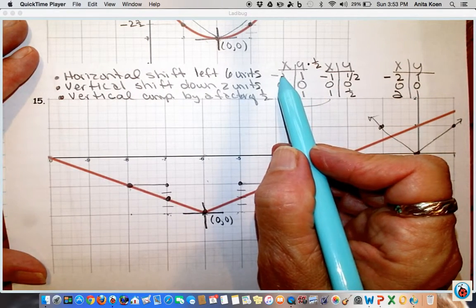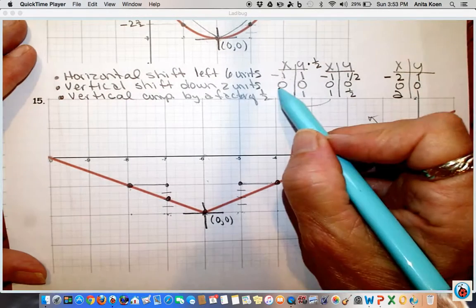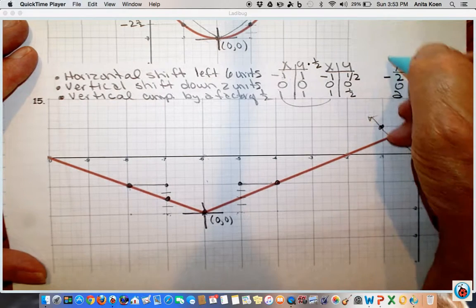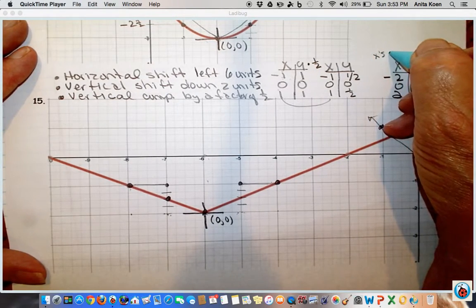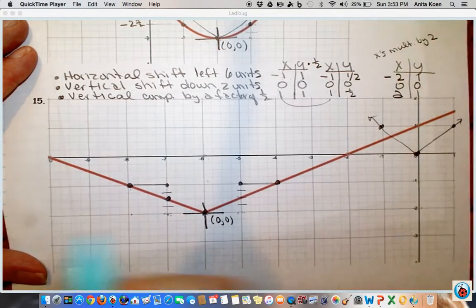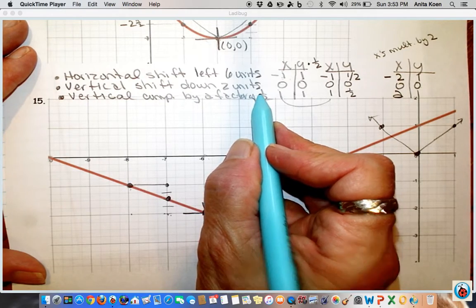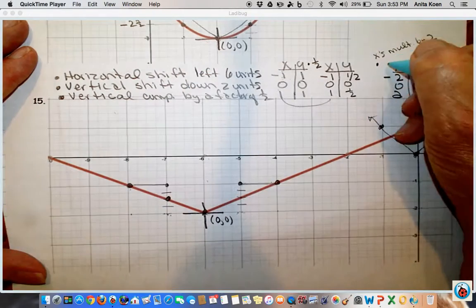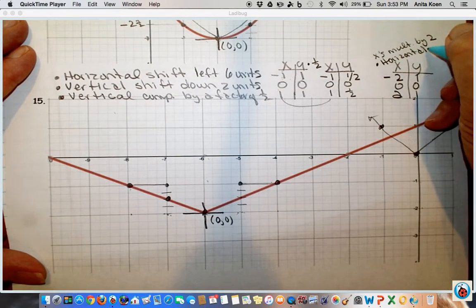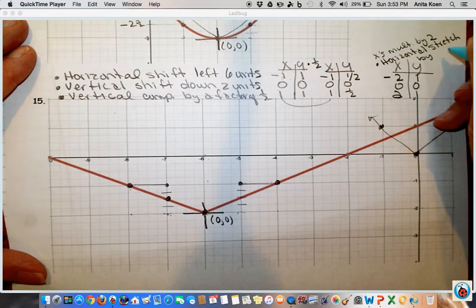So this time I can see that my y values have stayed the same and my x values have been multiplied by 2. So I could have, instead of writing this, I could have written over here a horizontal stretch by a factor of 2.